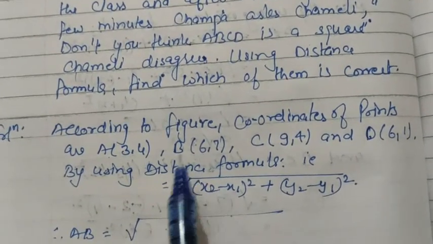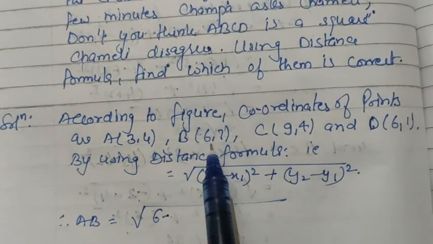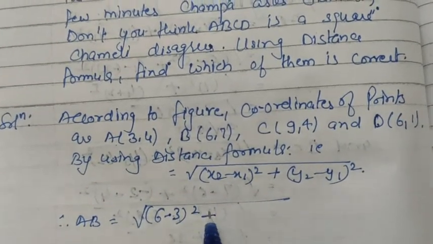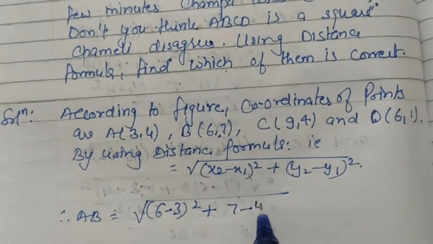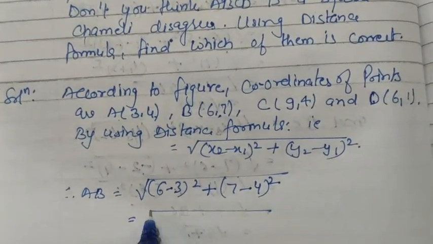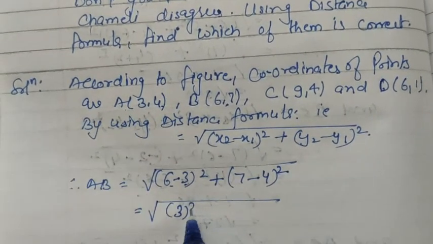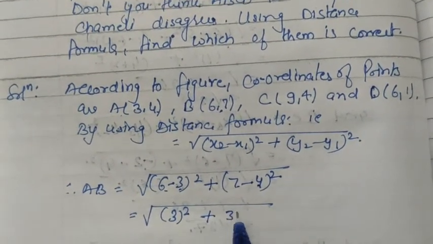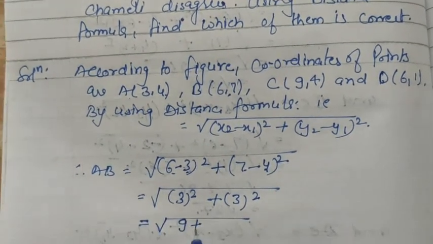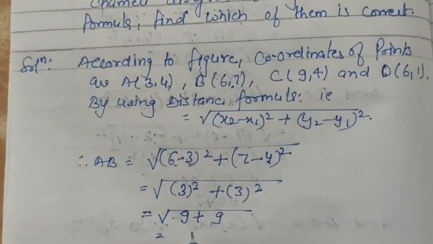So x2 that is 6 and x1 is 3, so 6 minus 3 whole square plus y2 that is 7 minus y1 that is 4, square. So this will become 6 minus 3 becomes 3 square plus 7 minus 4 becomes 3 square. So this will become 9 plus 9, so this will be root 18.